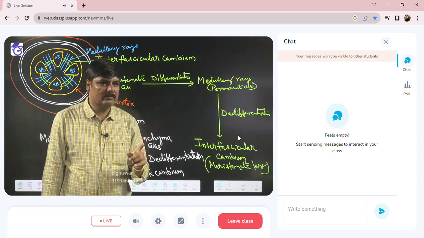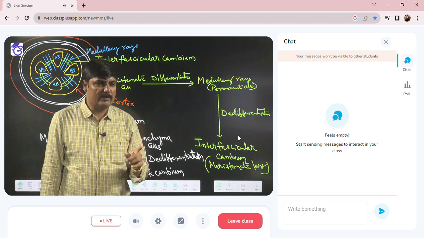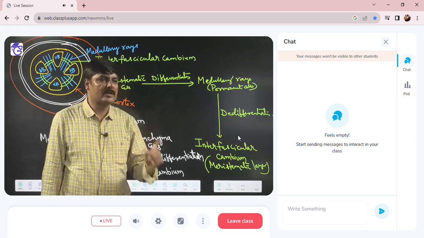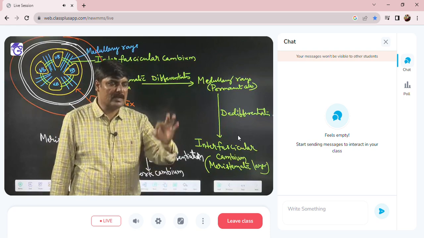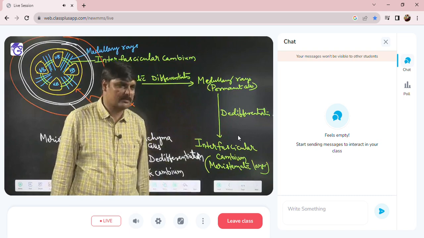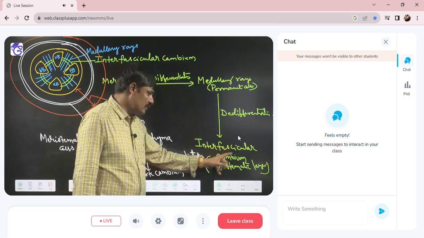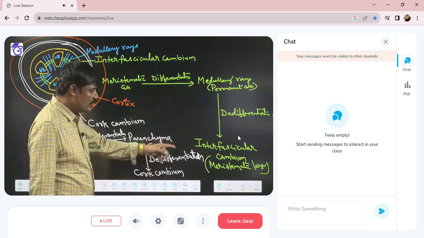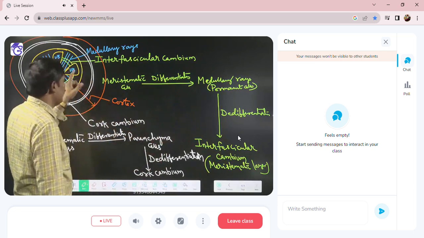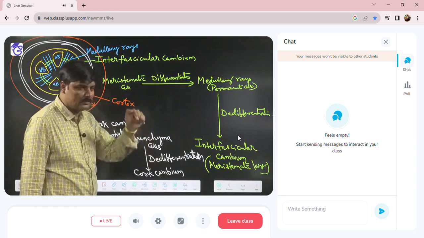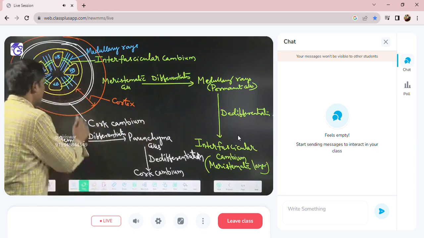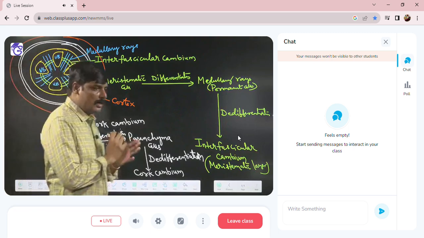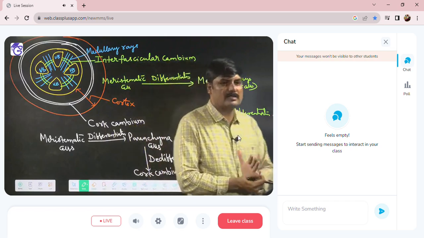So examples of de-differentiation process: interfascicular cambium and cork cambium. Interfascicular cambium is formed between the vascular bundles in the stellar part, and cork cambium is formed in the cortex region.